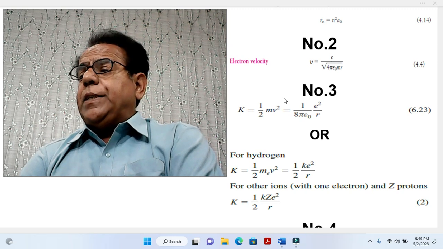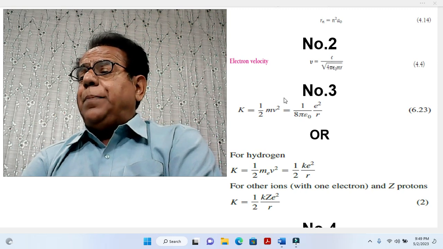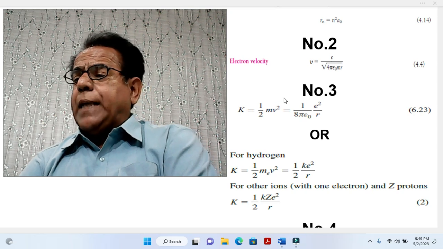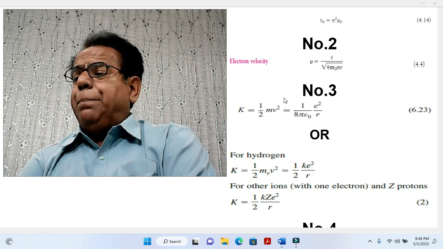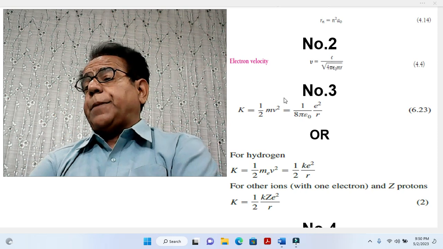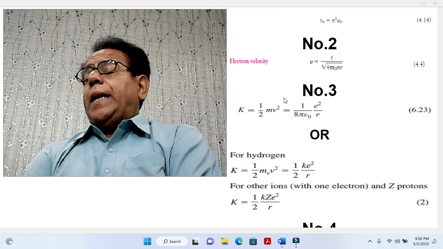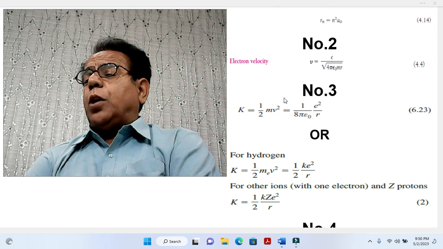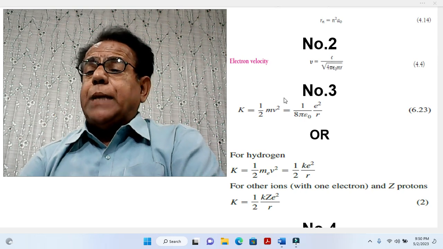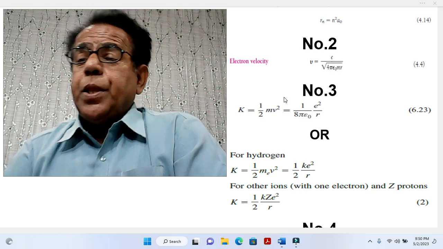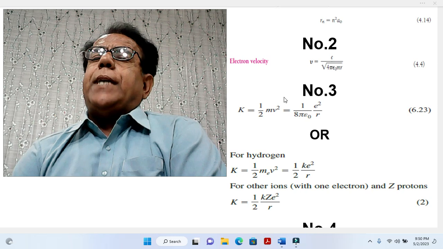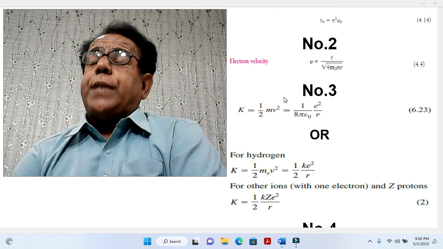Electron velocity v is equal to e, that is elementary charge, over under root of 4 pi epsilon naught m r, where m is mass, r is radius, and 4 pi epsilon naught has another name which we call Coulomb constant or electrostatic constant.